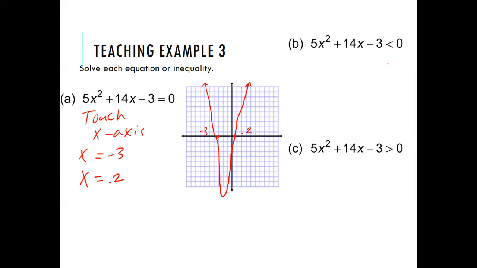Less than 0 means below the x-axis. So when are you below the x-axis? Okay, so I'm below the x-axis between -3 and 0.2. Do we see that? So we're below when x is between -3 and 0.2. Okay, you can also write it as -3, comma, 0.2.